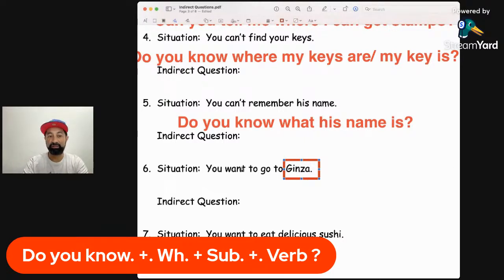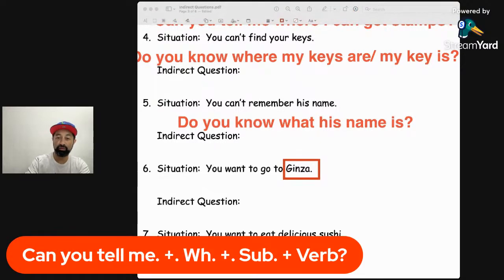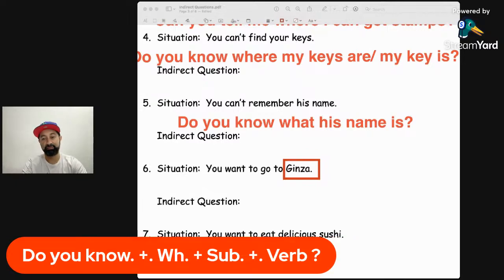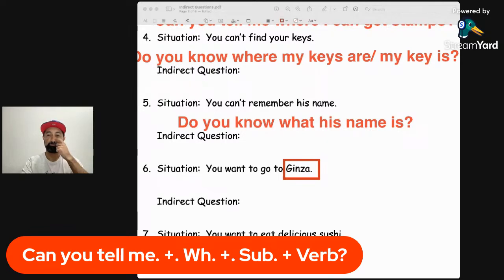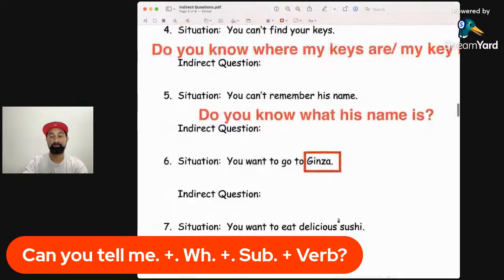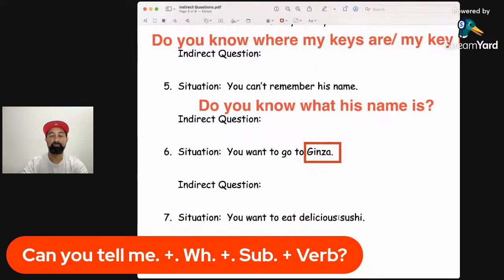Now you have to decide, does the police officer know the answer or does he not know the answer?